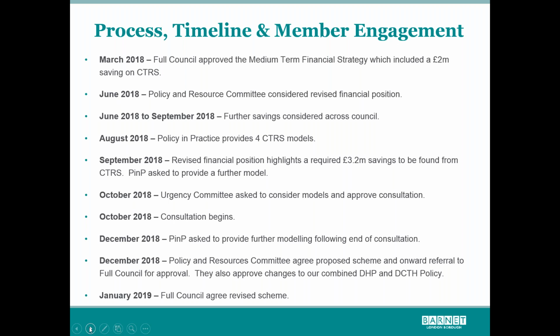When we started speaking with you guys about those sorts of levels of savings, obviously that's a considerable amount of money. Our scheme, if we'd carried it forward into 19/20 as is, would have been about £24–25 million. So a 3.2 cut to that is obviously a fair amount of money.